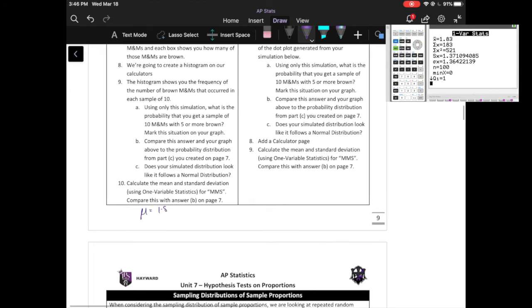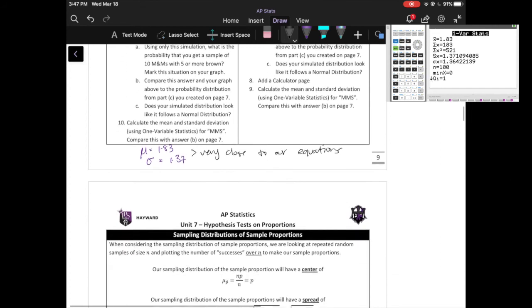So mean equals 1.83, and standard deviation is equal to 1.37. So remember, this is a sample, so we need to use S sub X, okay? So this right here is very close to our equations.